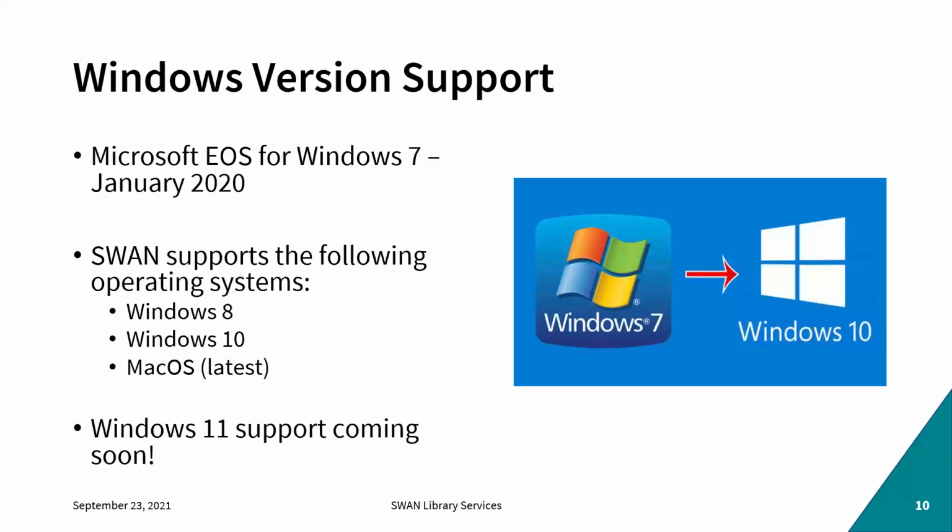I would highly recommend going and taking care of that. So moving forward, SWAN supports Windows 8, Windows 10, and we do in some cases support the latest Mac OS. If you need a Workflows installation, we do tend to have Workflows installations for it. They don't always work as reliably, but that is there if you need it. So just let us know.